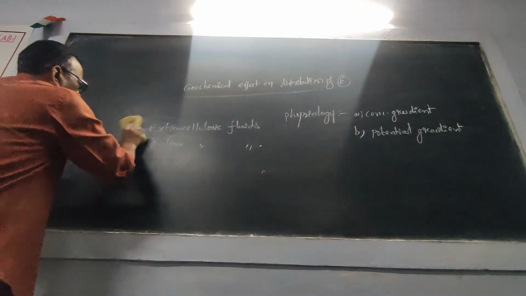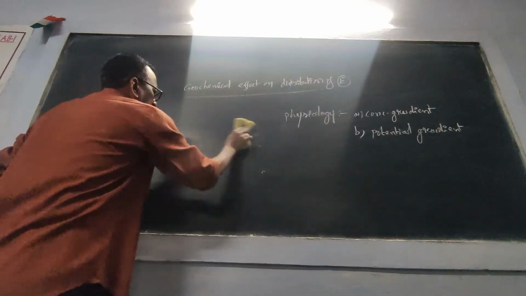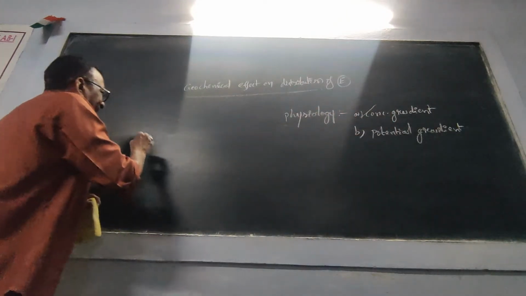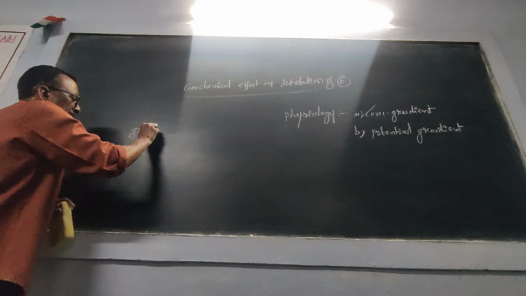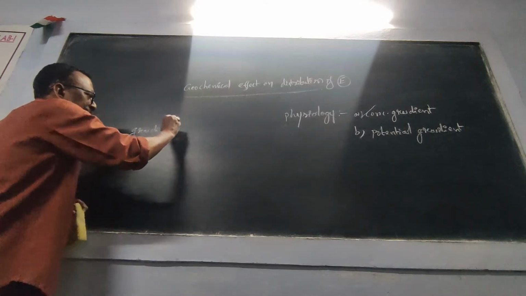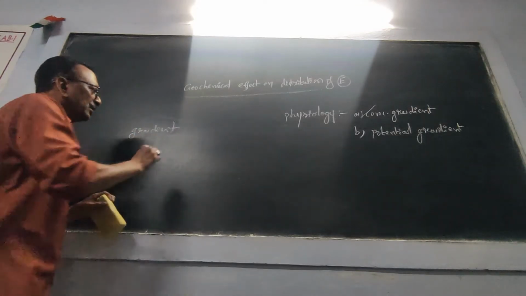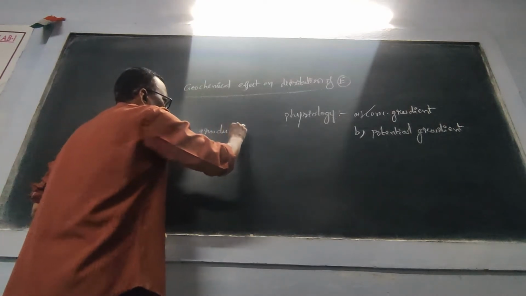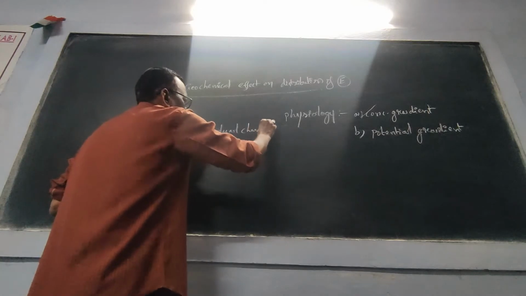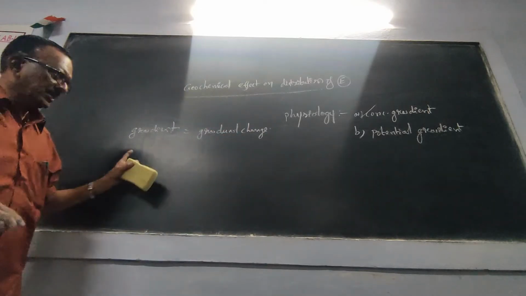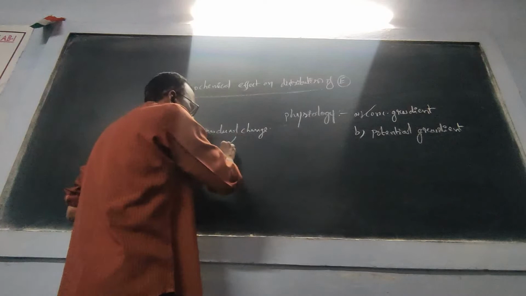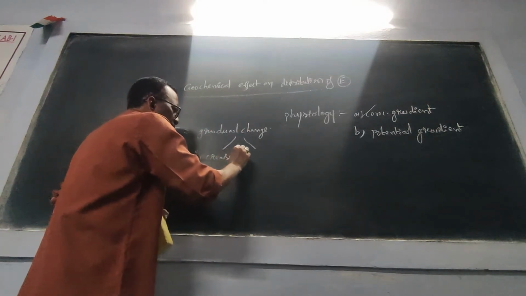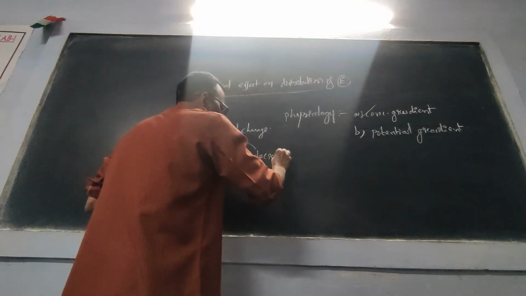Now here, another important word we need is gradient, let me finish this one first. Actually, the literal meaning of gradient is a gradual change. That is called a gradient. So this gradual change may be either an increase or a decrease.